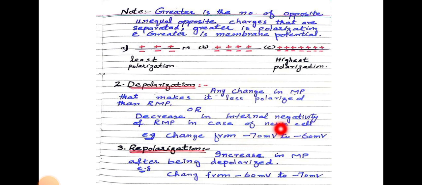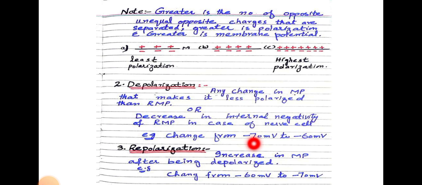Depolarization means any decrease in internal negativity, for example a change from minus 70 to minus 60. Any decrease in resting membrane potential is depolarization. Repolarization is the opposite of depolarization. For example, if a membrane changes from minus 50 to minus 70, it is repolarization.